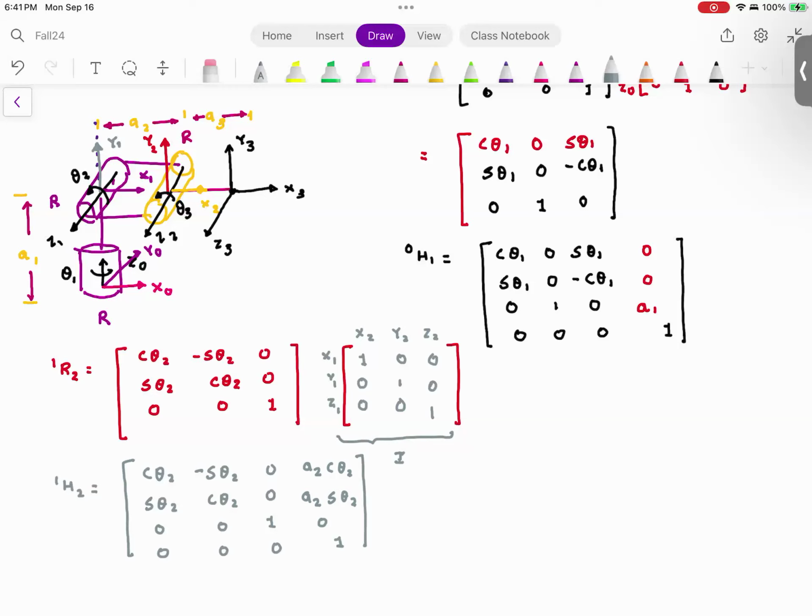Once again, I want to show you this in terms of the robot. This is my R1. This is my first frame X0, Y0, Z0, X1, Y1, Z1.